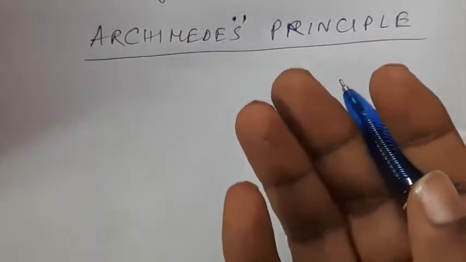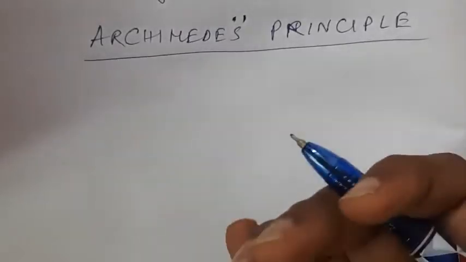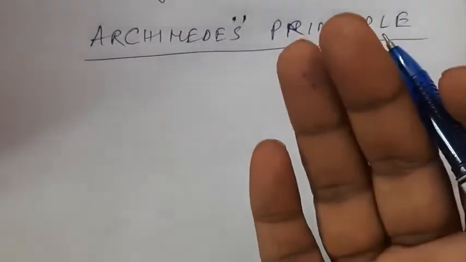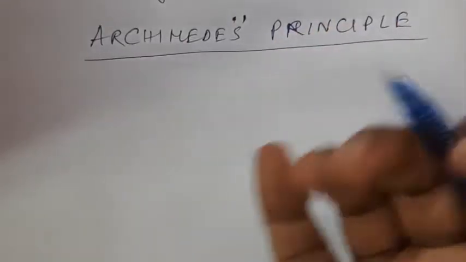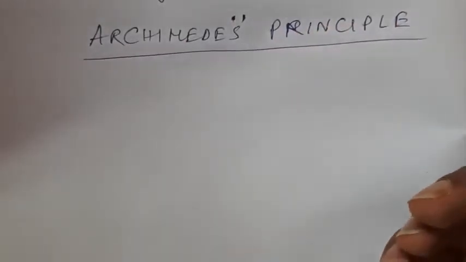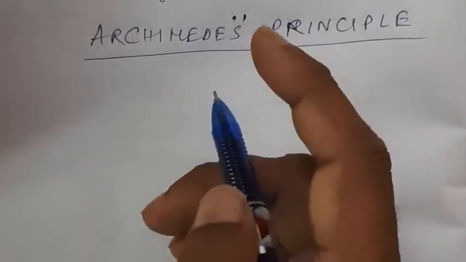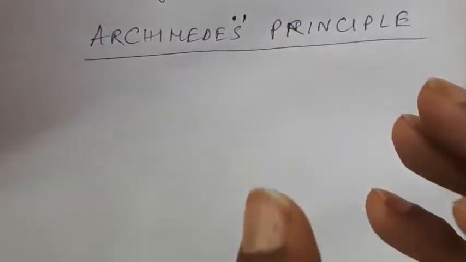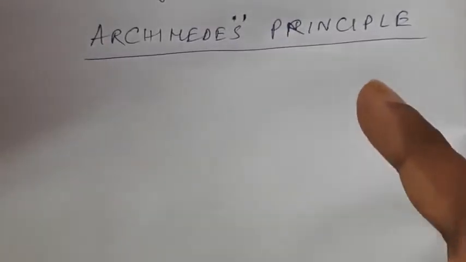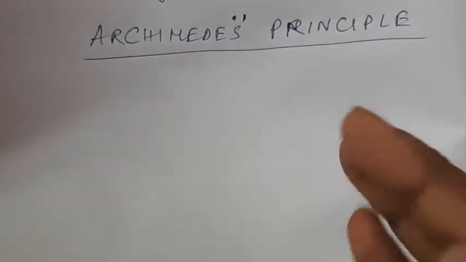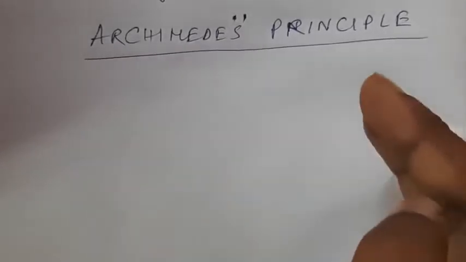When we humans swim, we find our body a little bit lighter. It appears to lose a part of its weight. Now this apparent loss of weight is equal to the weight of the liquid or gas displaced by the body. This was found out by Archimedes. I repeat, the apparent loss of weight is equal to the weight of the liquid or gas displaced by the body.